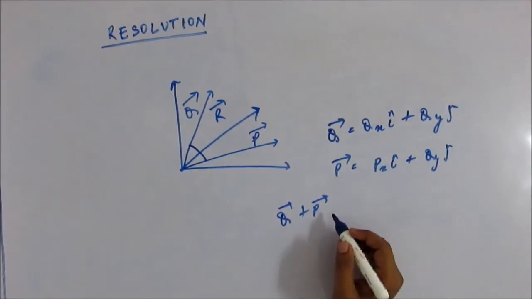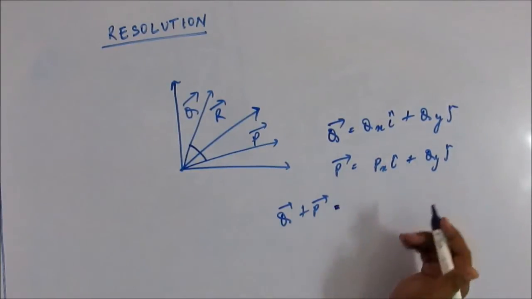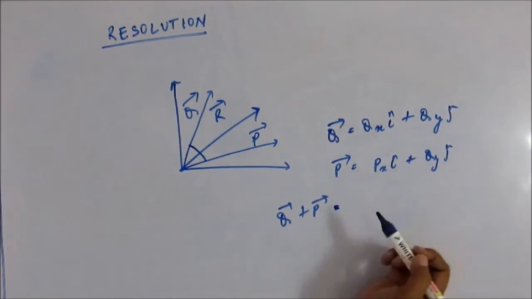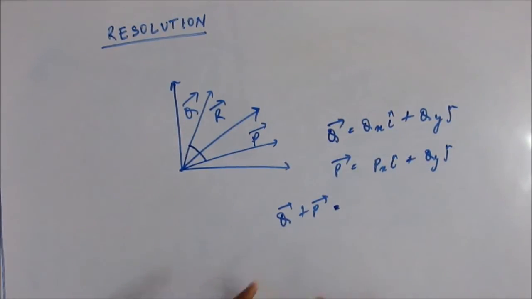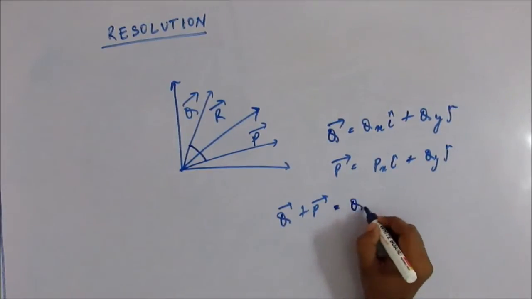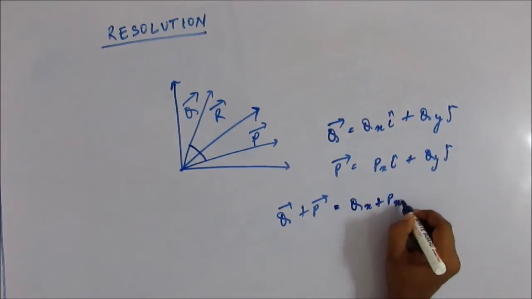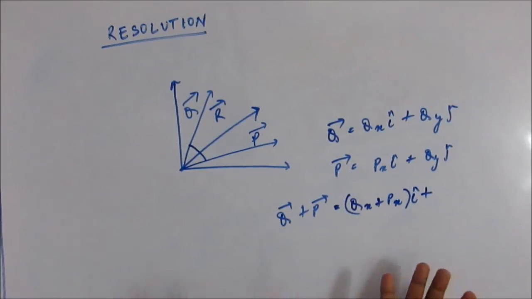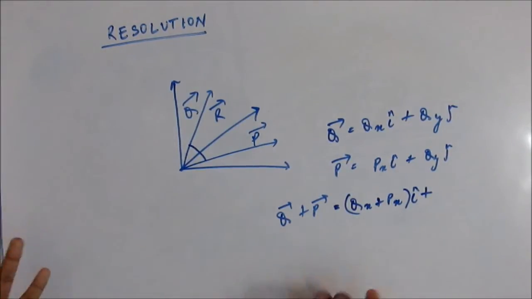So if you resolve it into components, then the components along i cap will be simply added. So you have qx plus px i cap because they are in the same direction, and the component along j cap will be again simply added.